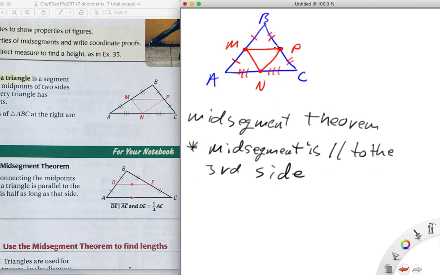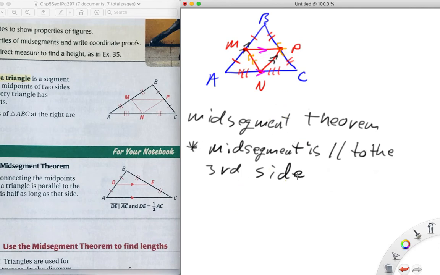So if I look at side MP, MP is parallel to AC. NP is parallel to AB. MN is parallel to BC.